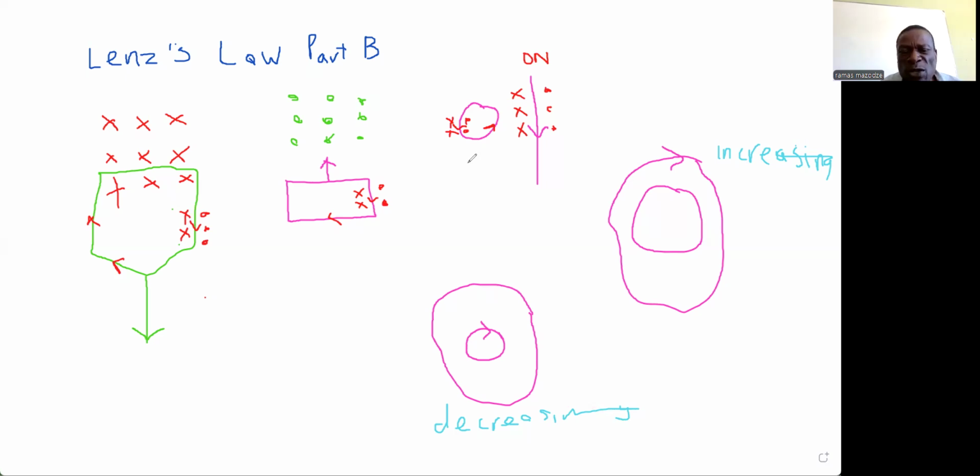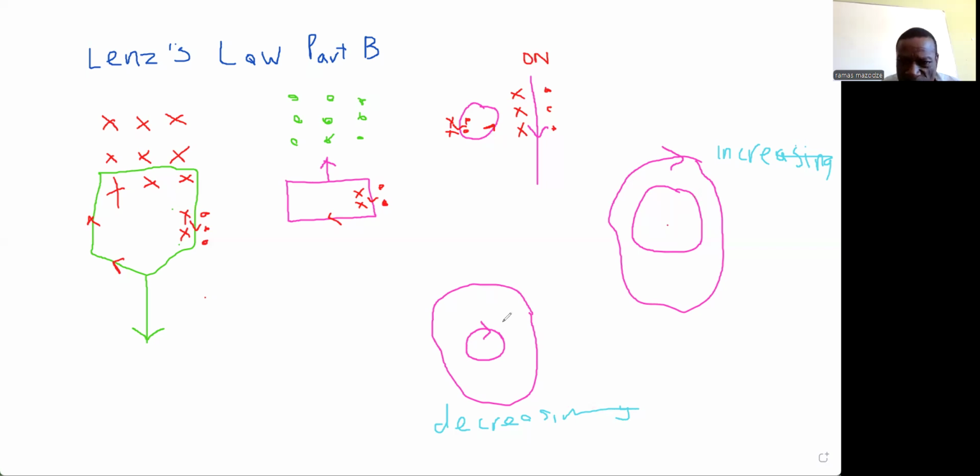Please, you should take your book and practice the rest of the questions. Right, let's try this one. This one is also very straightforward. There's two coils, one inside, one outside. Over here, the coil with current is inside, the other one's outside. In this case, you want to know the direction of the current that is induced in the inner coil.